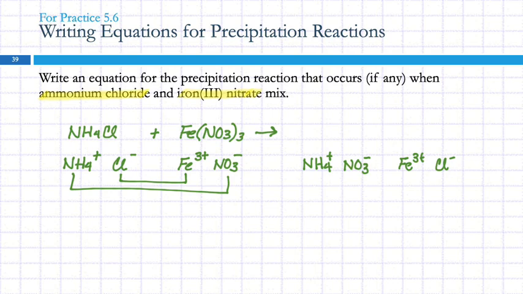Now we need to go to the list of solubility rules and look at the ions that we have. Well, let's start with ammonium. If we start down that table, if you have it in your notes, go ahead and look at it, or if you can imagine it on the whiteboard in your mind, right?